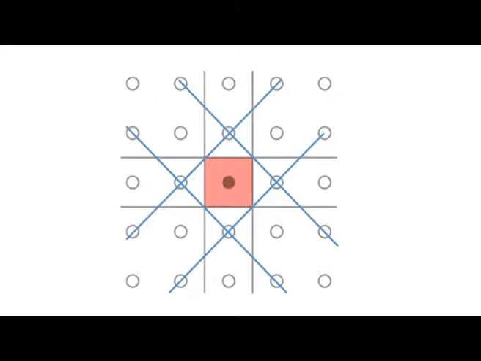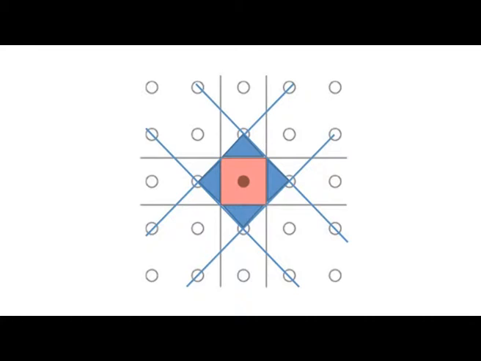Again we will have 4 different Bragg planes and all of them together will enclose a new area, or volume in the case of a three-dimensional lattice, which I colored in blue. So, that blue zone can be defined as the second Brillouin zone.